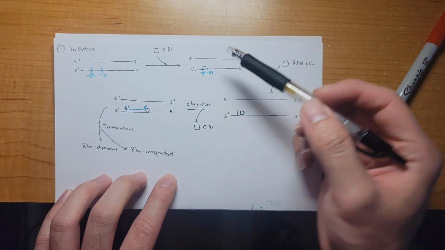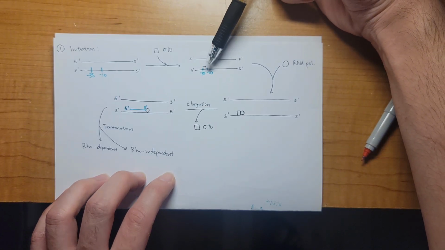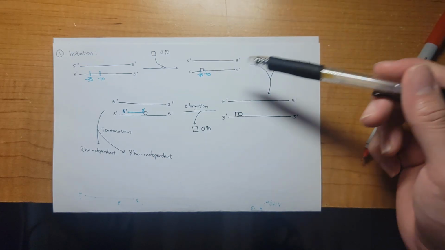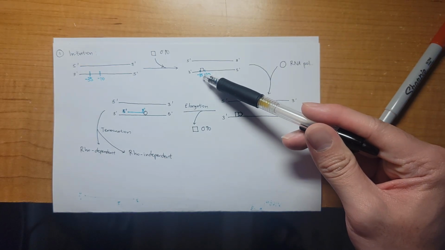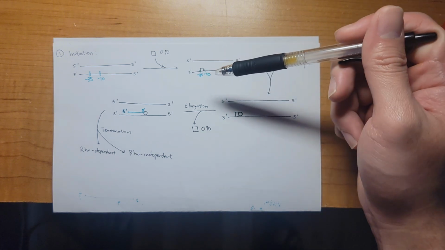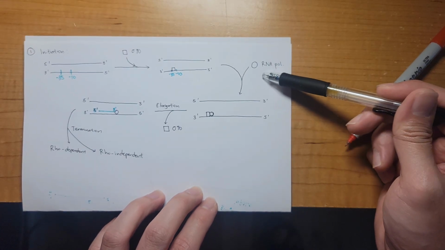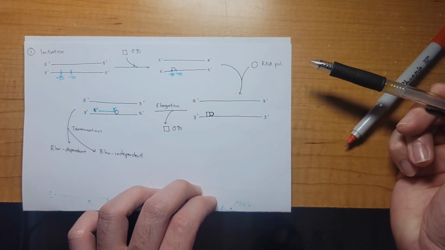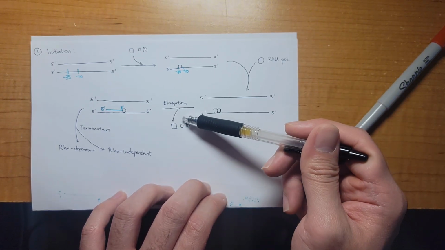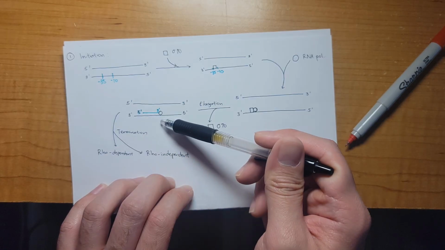Sigma 70 binds to the promoter region and sends signals to recruit RNA polymerase. Once RNA polymerase is recruited, sigma 70 is released while RNA polymerase does the elongation.